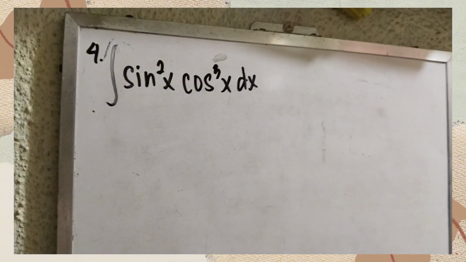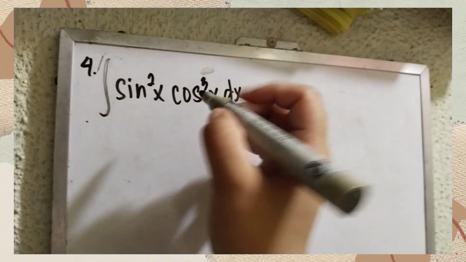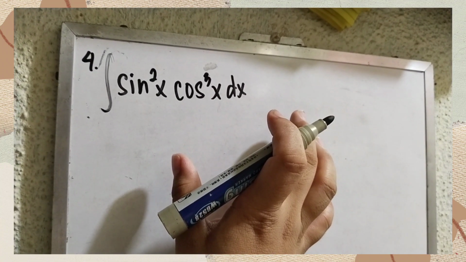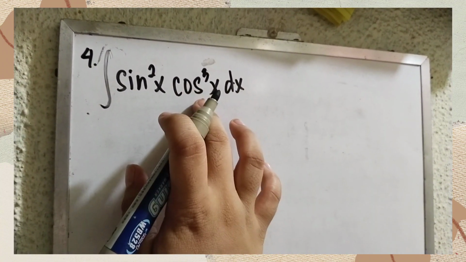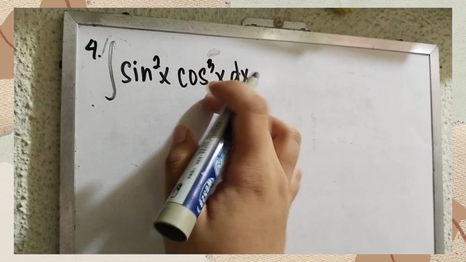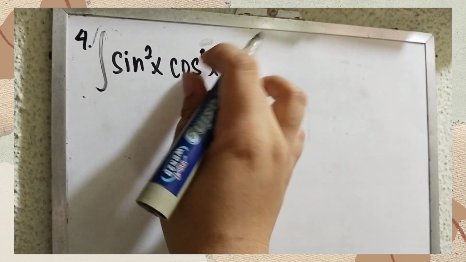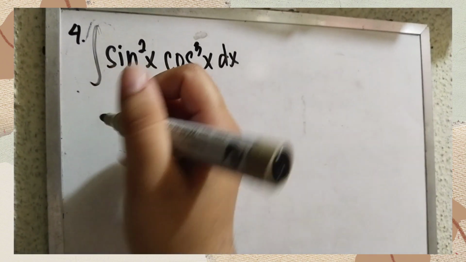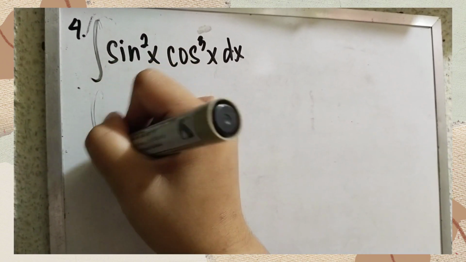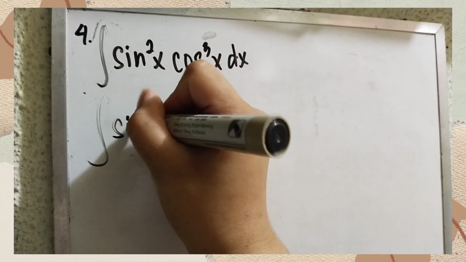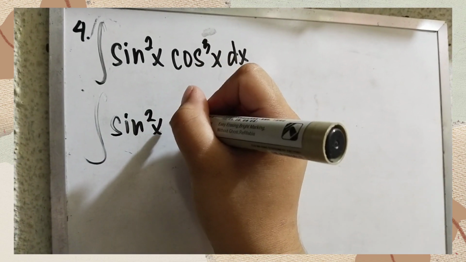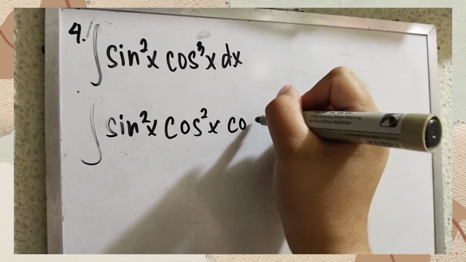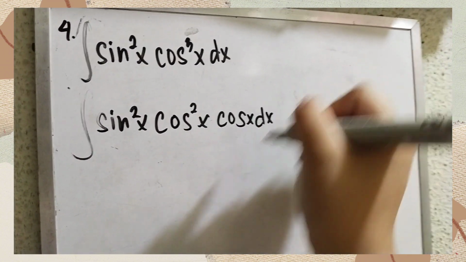What we're going to do here is pull out a single factor of the cosine, since cosine has an odd power. So it will look like this: sine squared x times cosine squared x times cosine x dx.